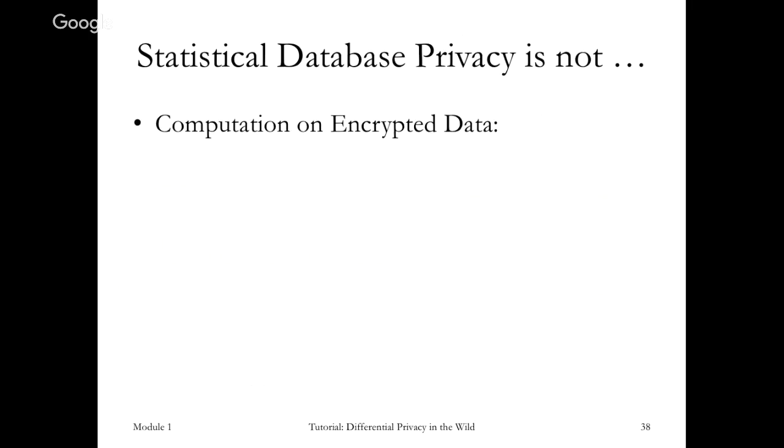Another problem that is very well studied in the database community is computation on encrypted data. You take your data, encrypt each of the individual records, and you want to compute a function on these encrypted records. There's a lot of work on fully homomorphic encryption that tries to solve this problem.